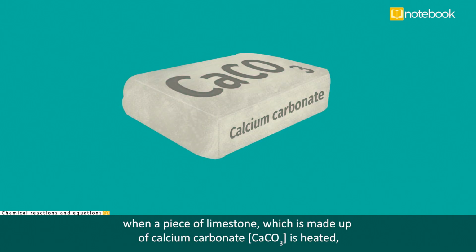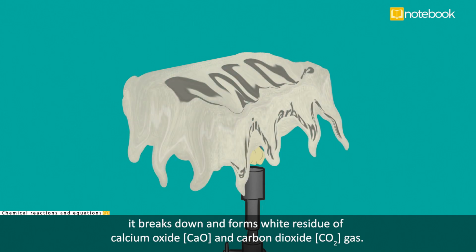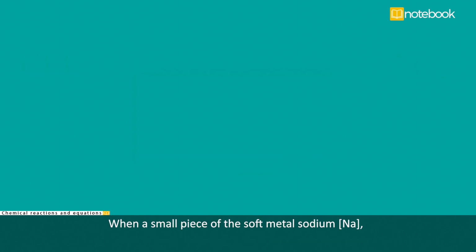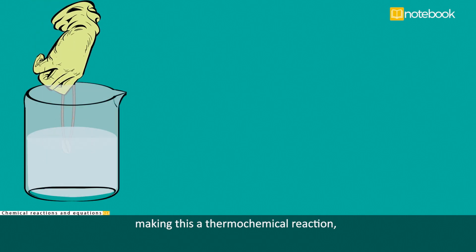When a piece of limestone, which is made up of calcium carbonate, CaCO3, is heated, it breaks down and forms white residue of calcium oxide, CaO, and carbon dioxide, CO2 gas. When a small piece of the soft metal sodium, Na, is placed in cold water, H2O, it undergoes a small explosion, making this a thermochemical reaction, which is a chemical reaction in which heat is exchanged.